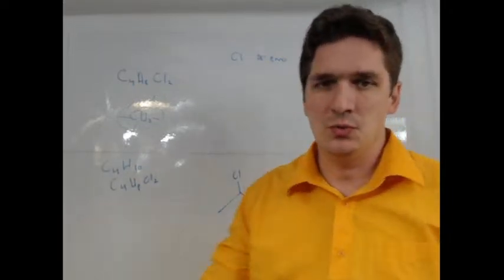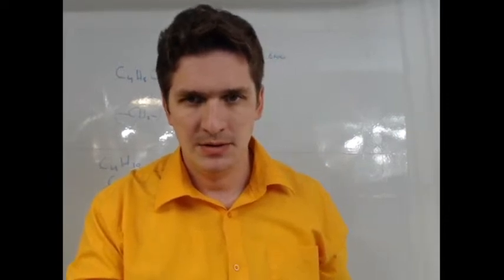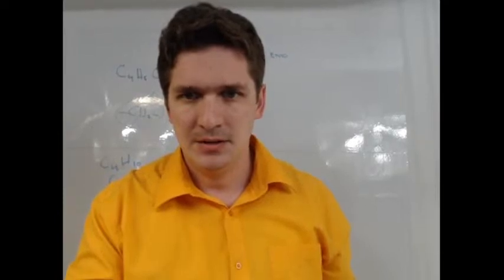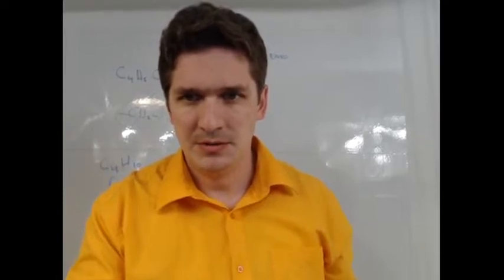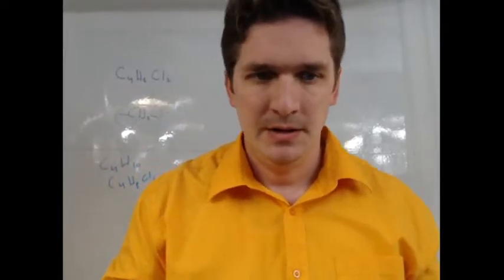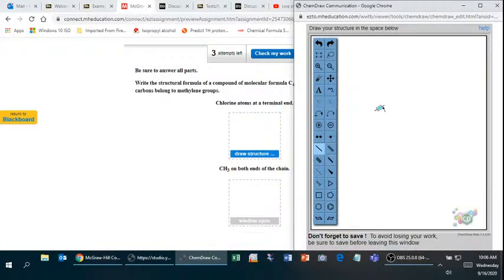So that one should work. So let me draw that one first, and I'll show you my line of reasoning for the last one. So I'll solve the last one first, and let me see if I can solve the one after it.